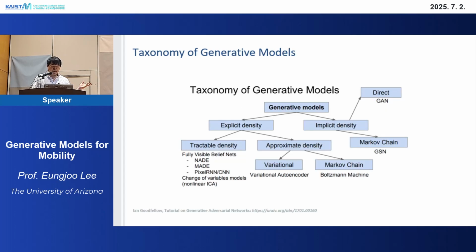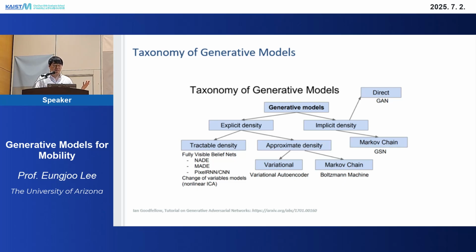And this is a quite popular table that gives the categories of generative models. As I mentioned, there are two ways of solving this problem: approaching explicit density estimation, and the other is implicit density. There are older methods under explicit density estimation, such as PixelRNN and PixelCNN.